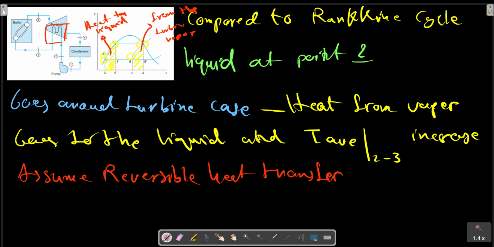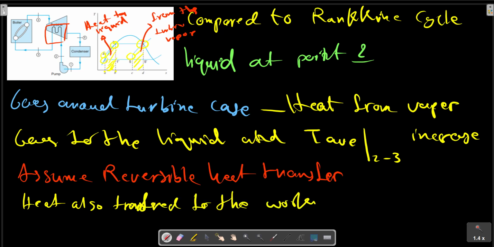Heat is also transferred to the working fluid at constant temperature, shown in this line.